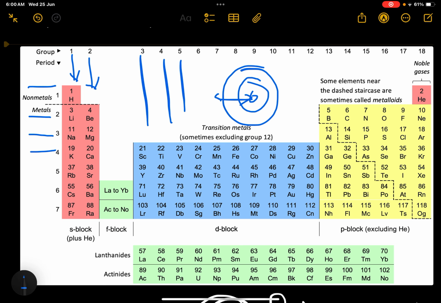When you're moving through the periods, the number of protons increases, and when the number of protons increases, it pulls on the electrons in the outer shells with a much greater force. Hence the atom shrinks just a little bit. So once again, when you're moving down the groups, the radius of an atom increases, and when you're moving along the periods from left to right, the radius of an atom decreases.